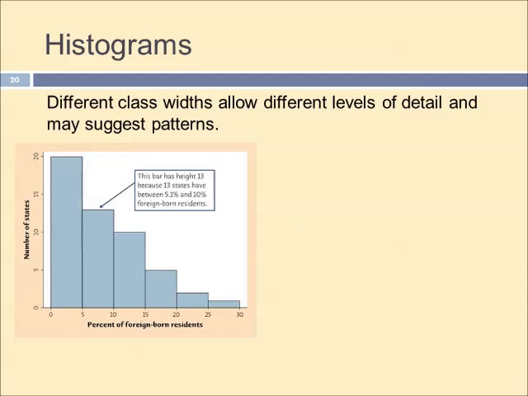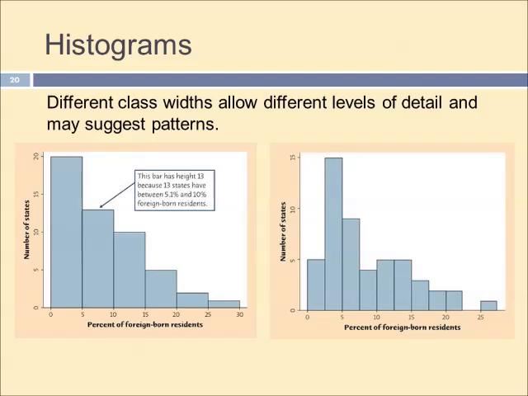Now, with histograms, different from bar graphs, different class widths allow different levels of detail and may suggest patterns. So we'll take the histogram of the percent of foreign-born residents again. Here the classes were 5 percentage points wide. If we want, we can construct classes that are only 2.5 percentage points wide, and then count the number of states that fit into each of those classes.